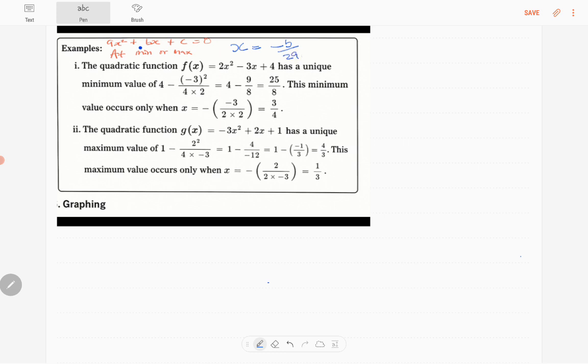If we apply it to this first equation, remember that this is as squared plus bs plus c, the general representation of a quadratic function.